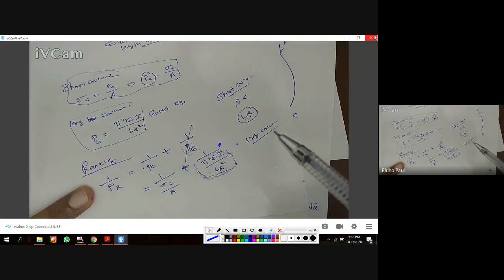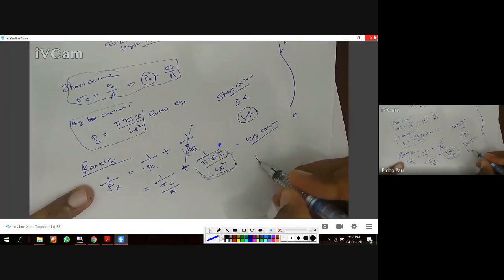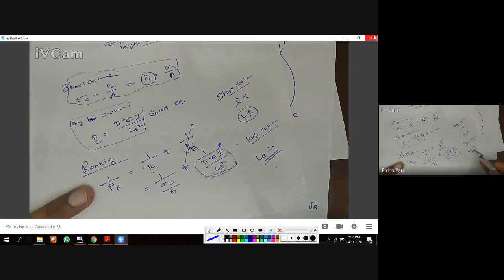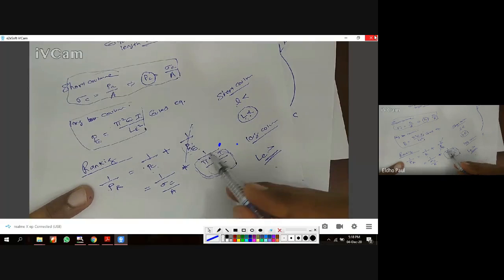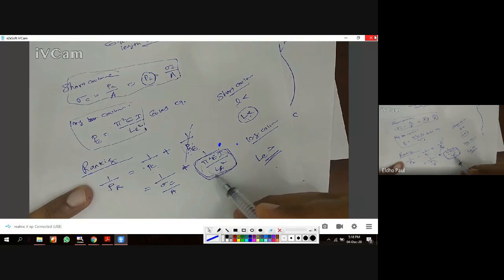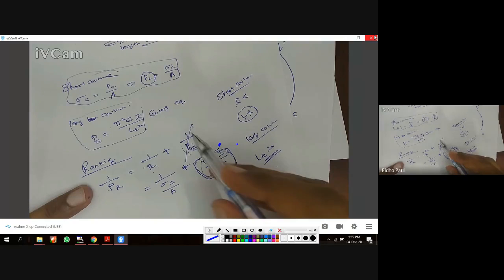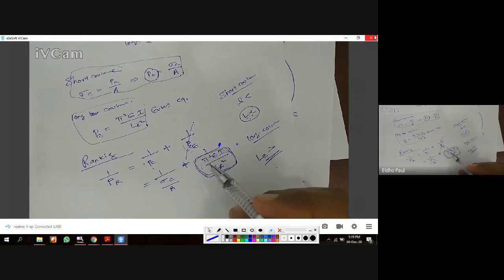Any doubt? Okay. So for a long column, this LE value will be very high. If the LE value is very high, then this term is very low, because LE is in the denominator. So pi square EI by LE square will be a lower one, or PE will be lower, but 1 by PE will be very high.